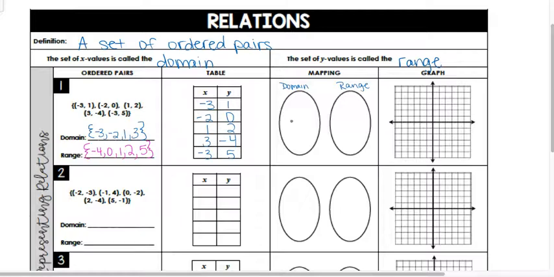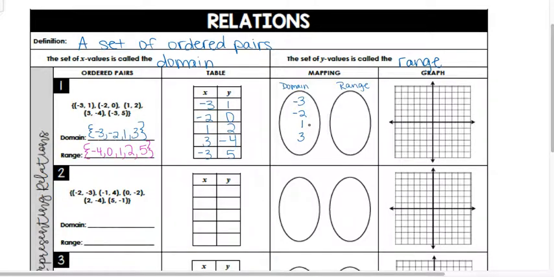And we're going to list them in order of least to greatest, going down the oval, okay? So we've got a -3, and I'm just going to use what I've already figured out, so I'm just going to look over here. -3, -2, 1, and a 3.